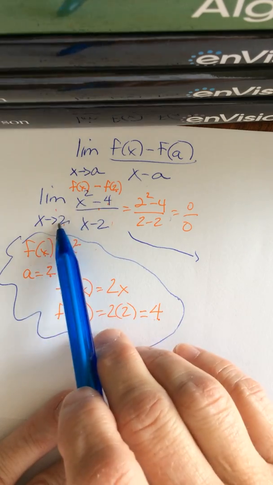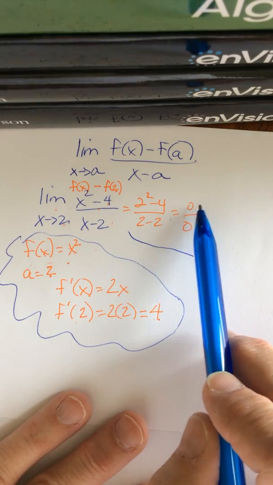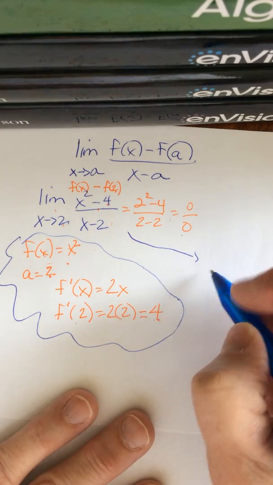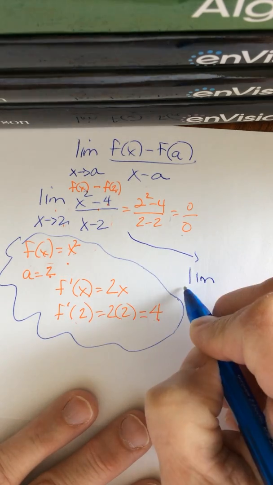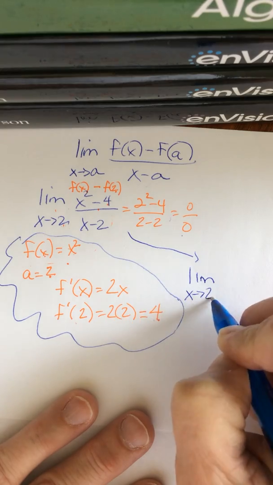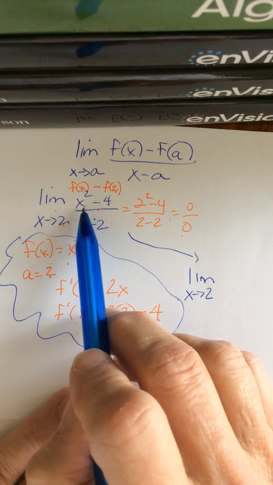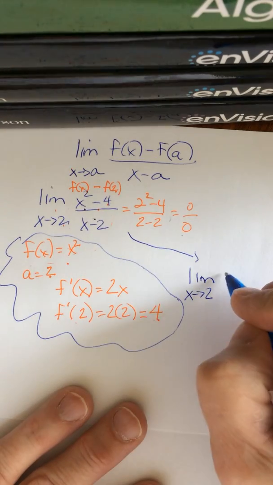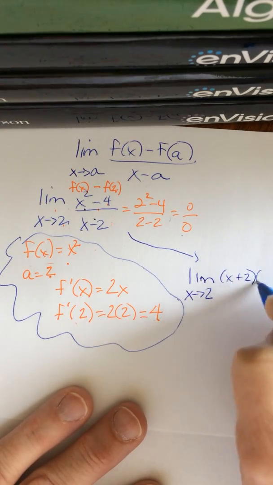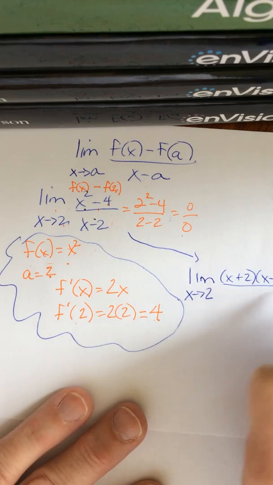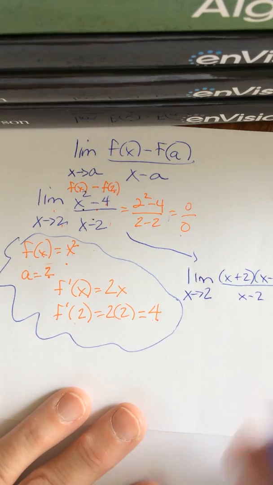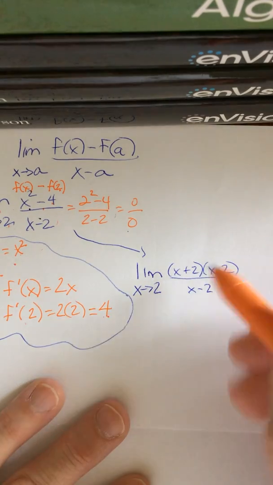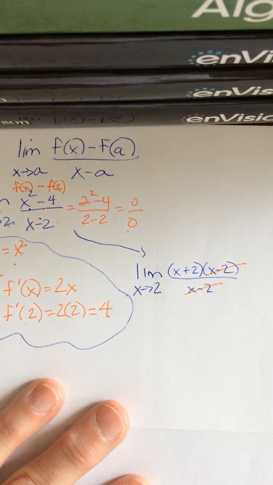Since substituting 2 here and here produces 0 over 0, we could take this example, the limit as x approaches 2, doing more work on x squared minus 4. This is a difference of squares, so it could be factored into x plus 2 times x minus 2 over x minus 2. If I cancel, notice that I have a binomial that will cancel.